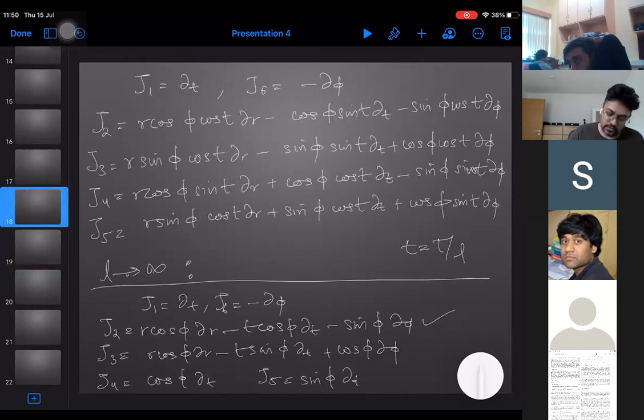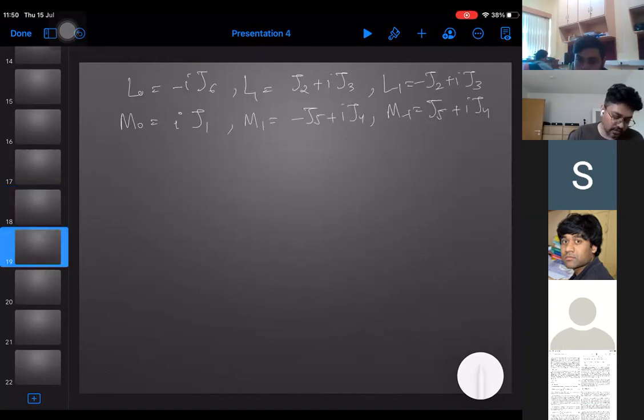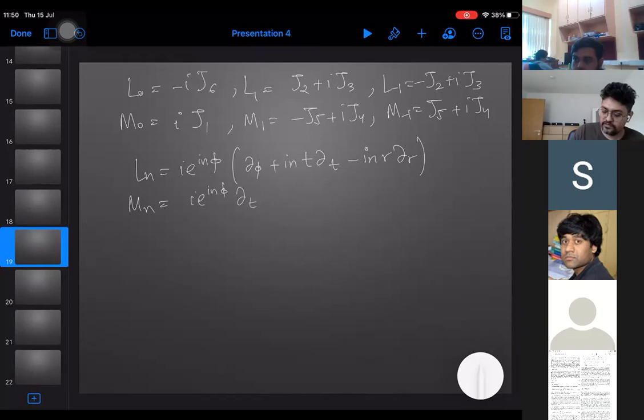So these generators can also be rewritten where Ln is PR and your Mn del t, which is for n equal to -1, 0, and 1.